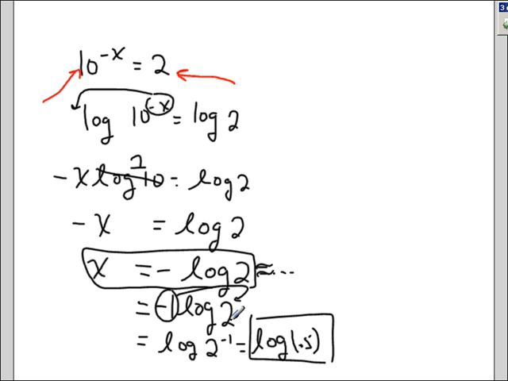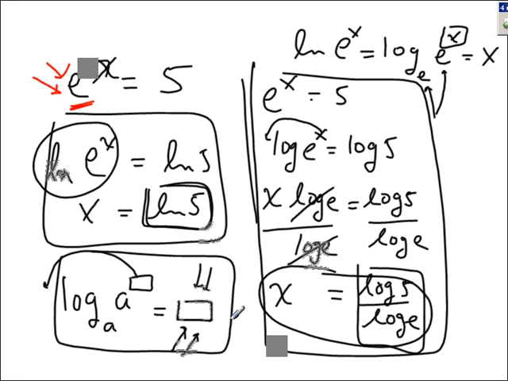But one of the bases is 10. In fact, the base that has the power, sorry, that's what we're concerned about. I don't care about the 2. The base that has the exponent that you want to bring down is 10. In the last problem, the base that you wanted to bring the exponent down from was e.